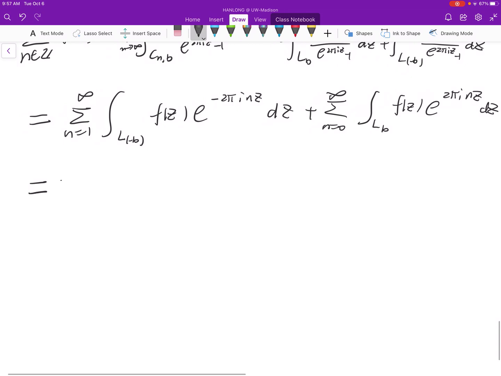Then you find this is exactly the summation of the Fourier transformation at integer points. So we are done with the proof of the Poisson summation formula.